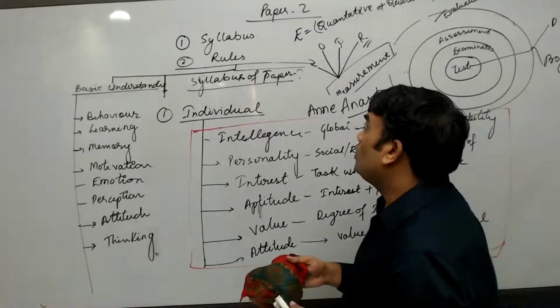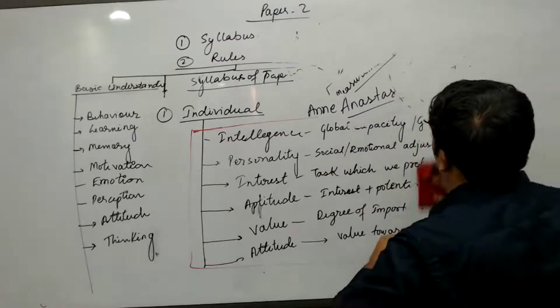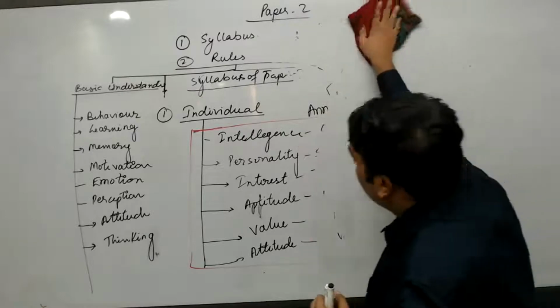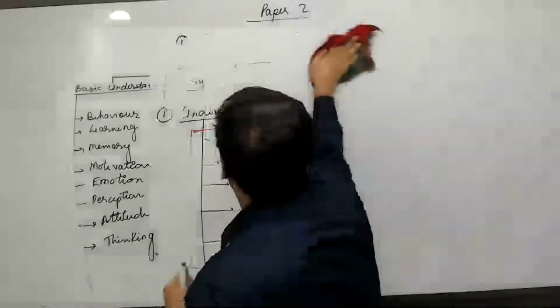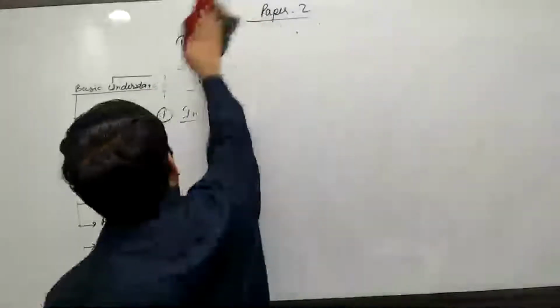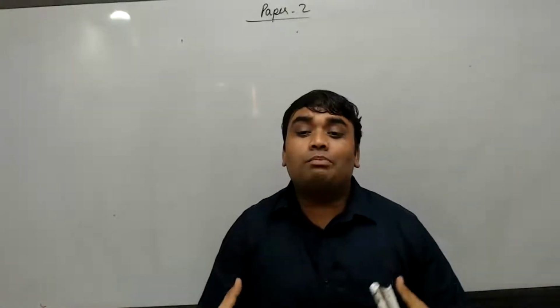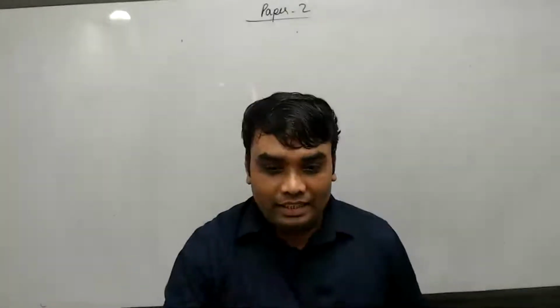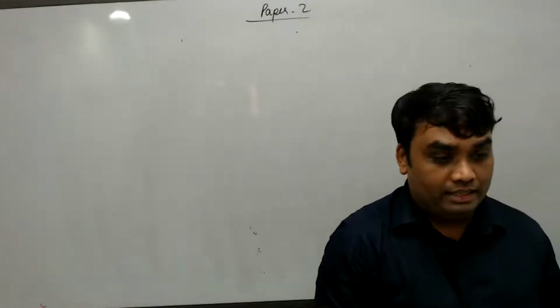The branch that tests and measures human behavior, what do we call it? Psychometrics. If you study with any professor of psychology, he will definitely tell you about psychometrics. Even in my notes, the meaning of psychometrics is clearly mentioned.